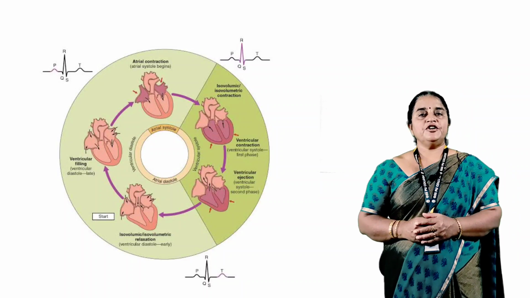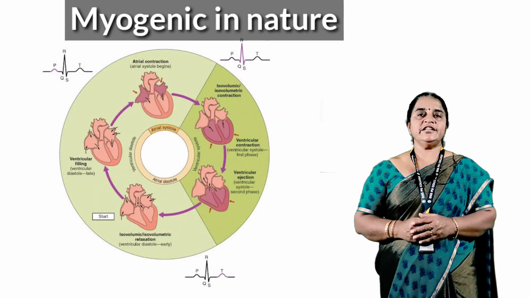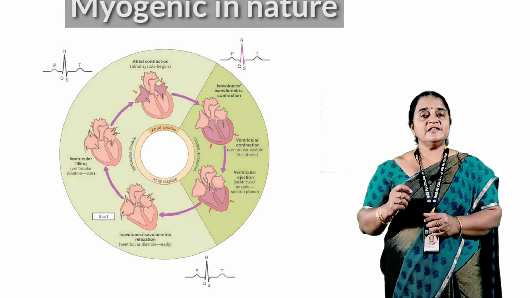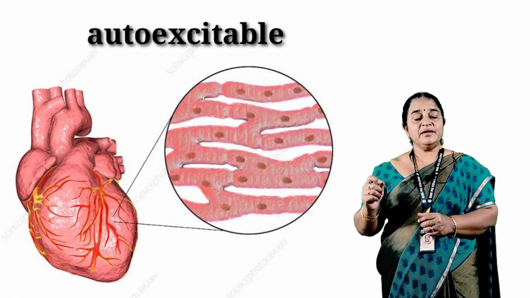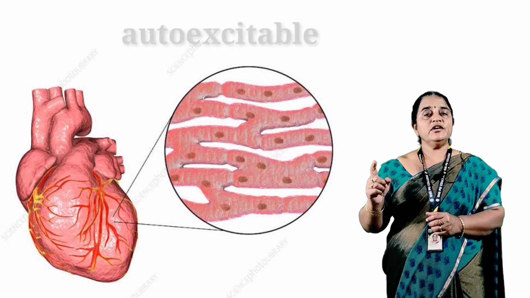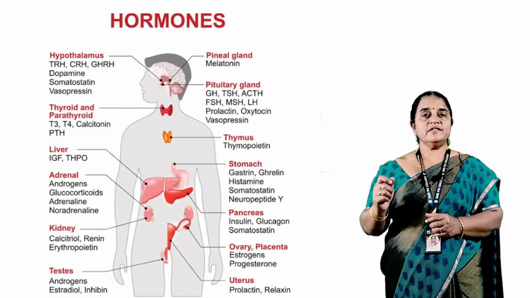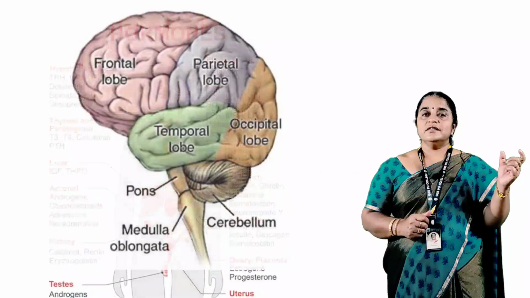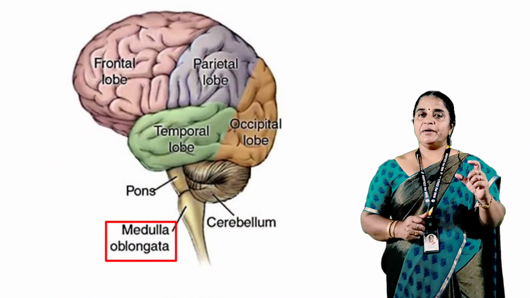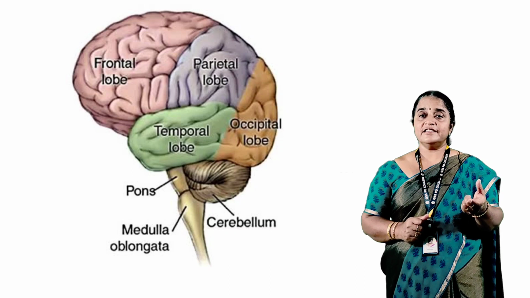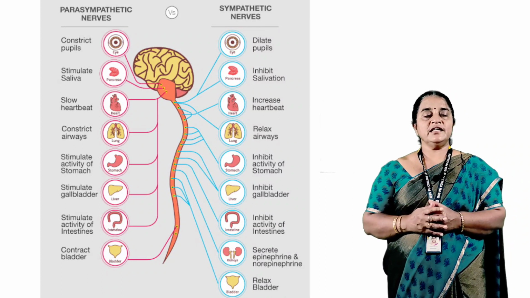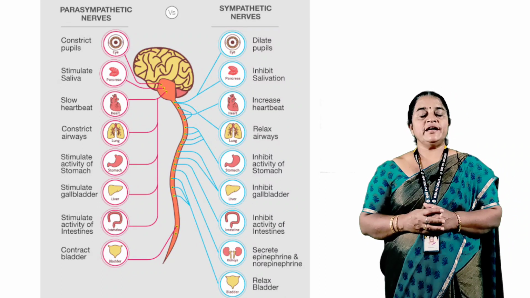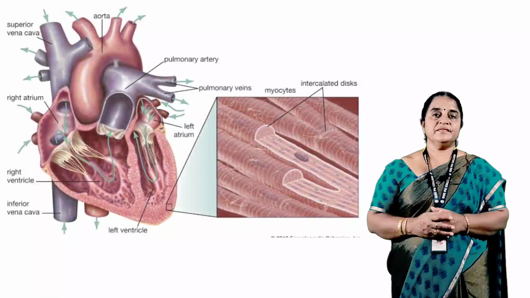The human heart is said to be myogenic in nature. The muscles present in the heart wall are auto-excitable. Under the influence of hormones, the medulla oblongata of the brain having cardiac centers, and the autonomic nervous system, which comprises sympathetic nerves and parasympathetic nerves, both regulate the functioning of the heart.